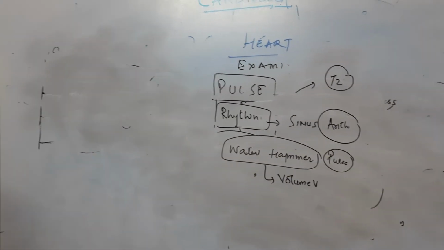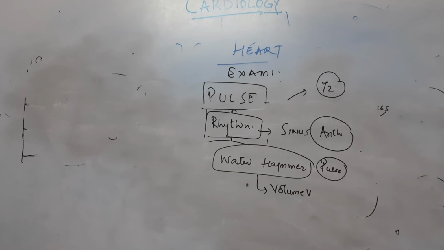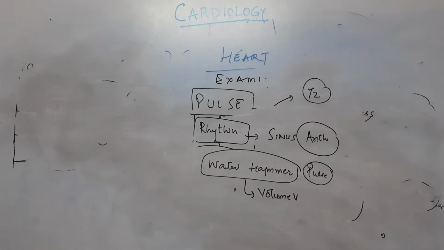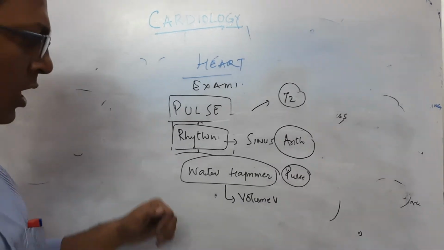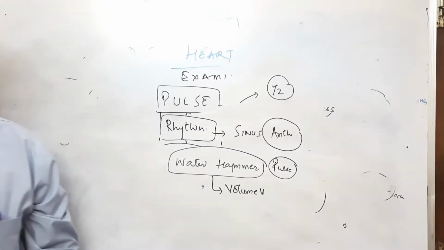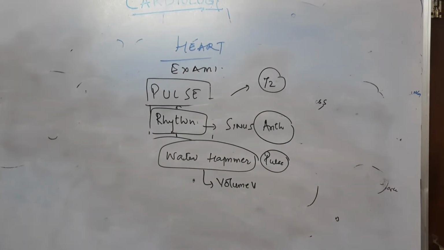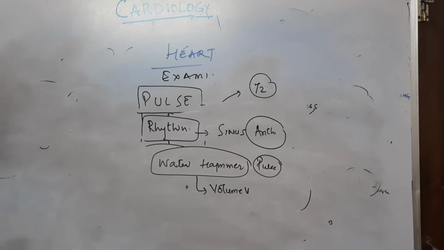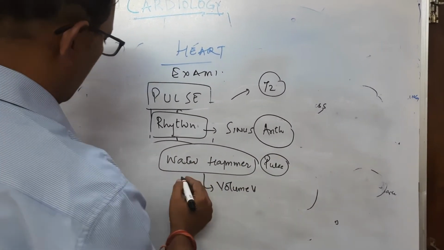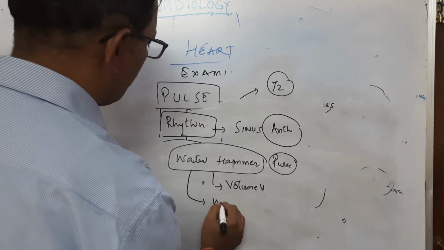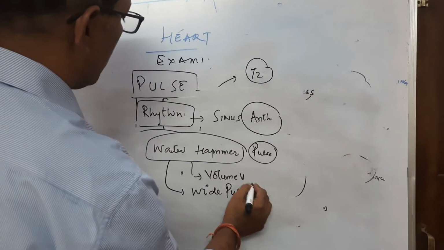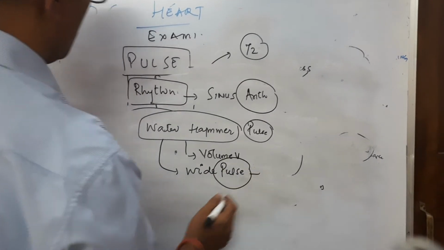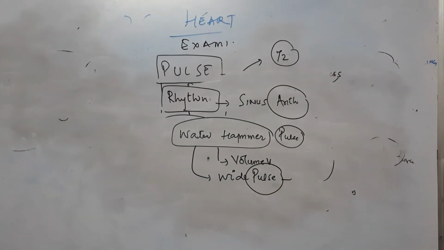This water hammer pulse is because of the increased stroke volume and decreased peripheral resistance. This is because of all the conditions which cause wide pulse pressure. All the conditions relating to wide pulse pressure will cause the water hammer pulse.